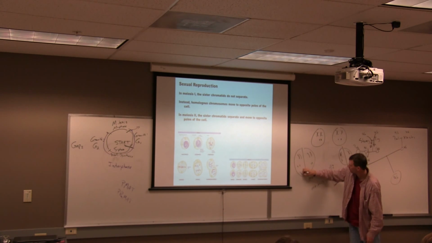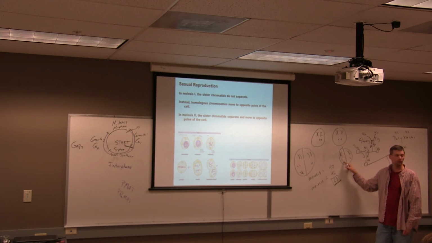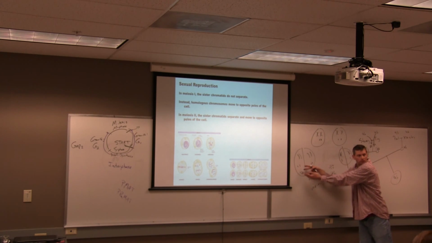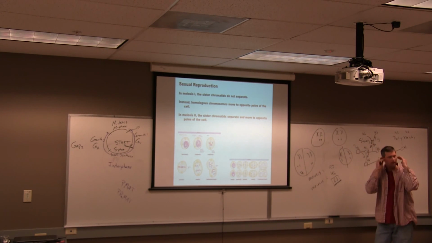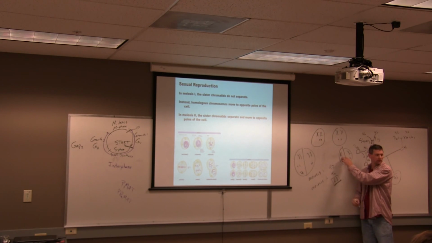We have 4 chromosomes here, 1, 2, 3, 4, and I only have 2 chromosomes here. I have the same amount of DNA, right? But our definition of chromosomes says I've reduced the number of chromosomes. The first cell division reduces the number of chromosomes in the cell. You guys probably think DNA content is what's important, but it's this artificial term, chromosome, that was created.